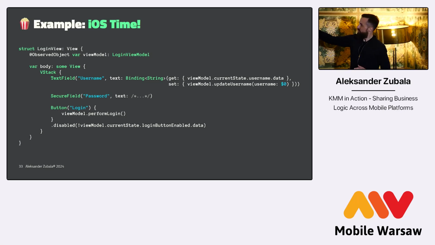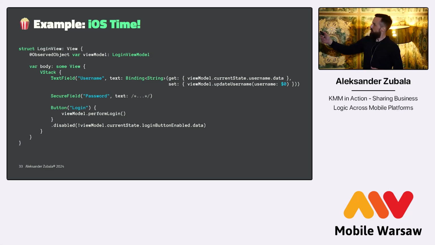So the first line is actually from outside we got our view model, and as I mentioned, we have this extension so we can mark it as observed object. And the UI is pretty straightforward. We have a vertical stack with text fields, secure field, and button.